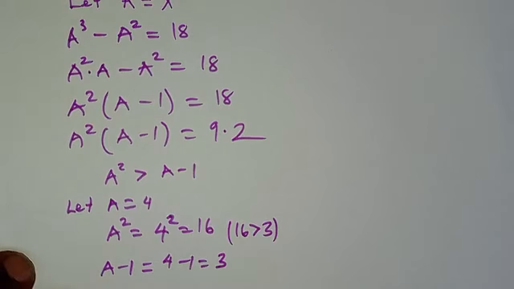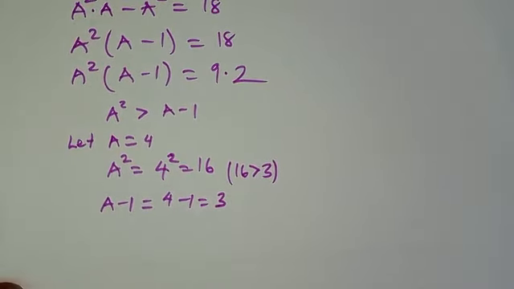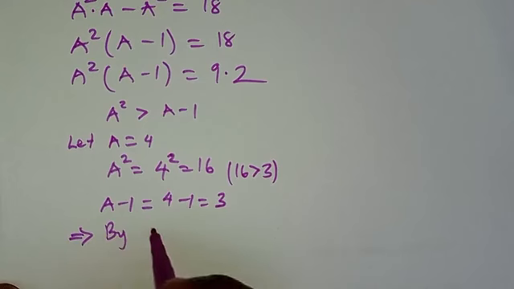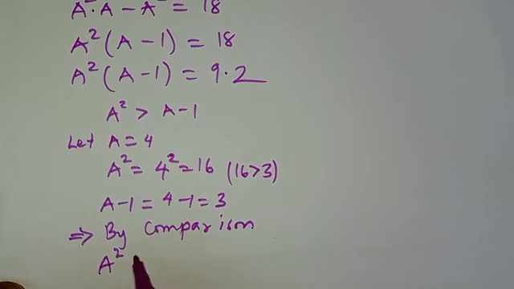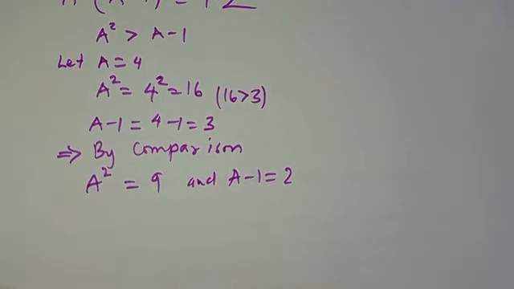So for that, we're going to replace by comparison now. By comparison, we're going to compare that a squared equals 9, and a minus 1 equals 2. Now you can see we are getting something nice.